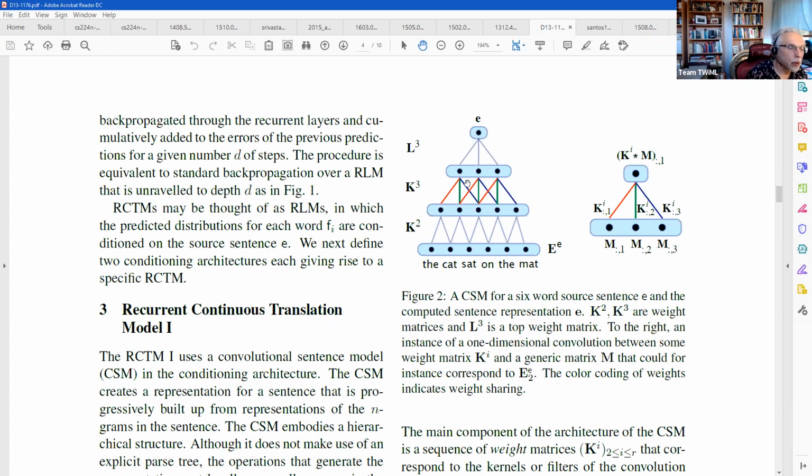Let's see. The encoding is the output for the encoder. L3 is a top weight matrix; K2, K3 are weight matrices. To the right, an instance of one-dimensional convolution between some weight matrix, Ki, and a generic matrix.